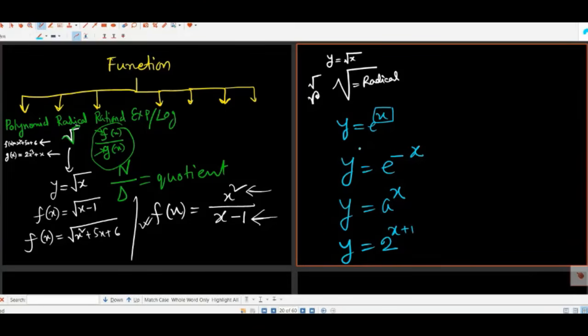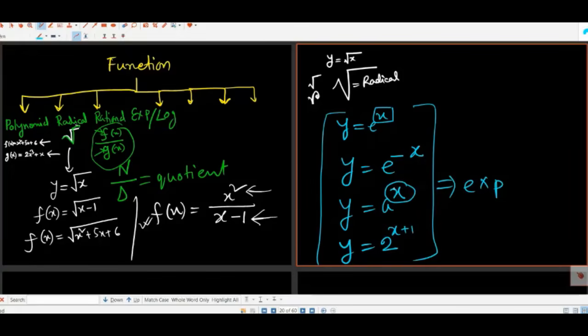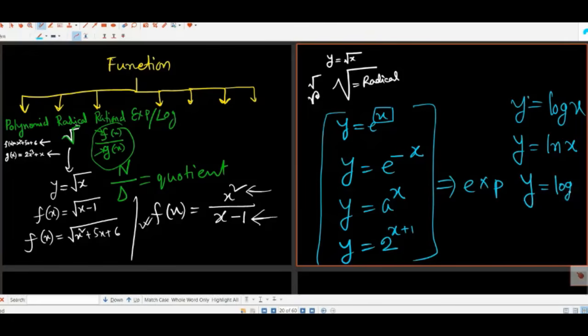All these examples are the examples of exponential function having exponent at the power. Logarithmic functions are y equal to log x, y equal to natural log of x, y equal to log x squared. These are the examples for logarithmic function.